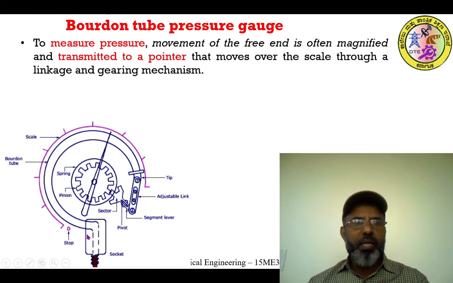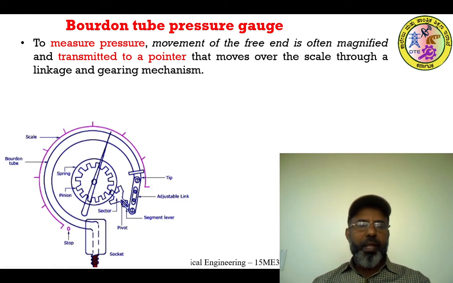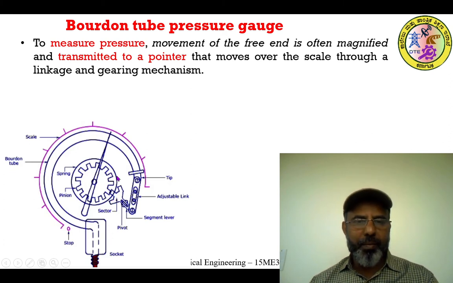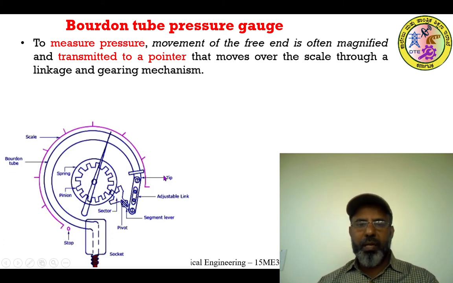To measure the pressure, the movement of the free end is mechanically magnified by means of a pinion and sector mechanism, and it is transmitted to the pointer that moves on a graduated or calibrated scale.